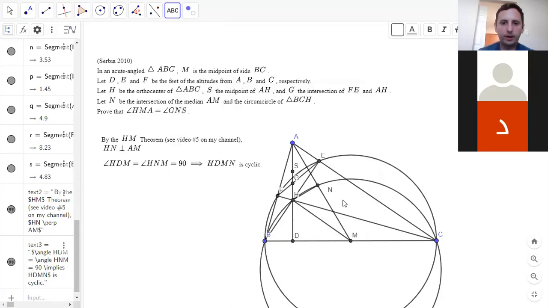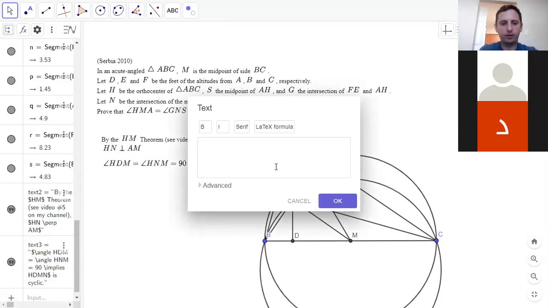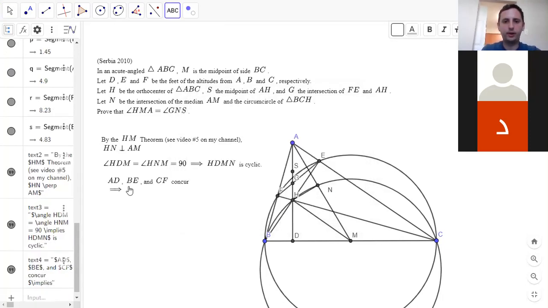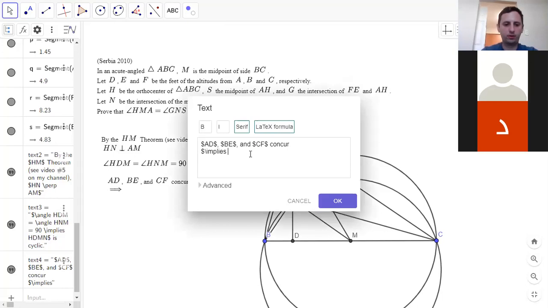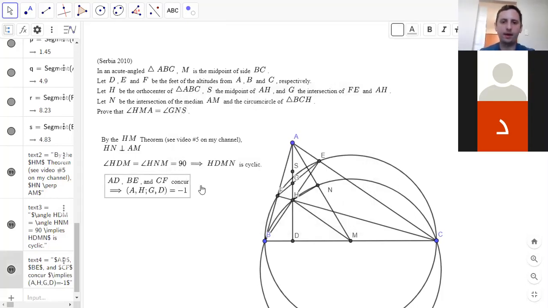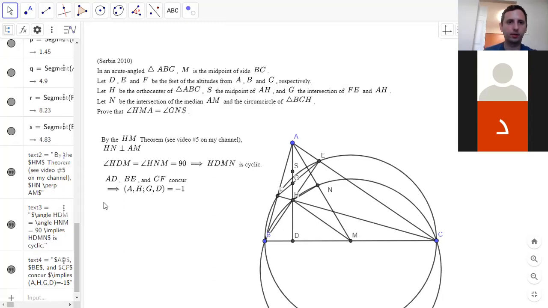And once we know that, we have AD, BE, and CF concur, which implies that A, H, G, D are in harmonic conjugation. And S is the midpoint of AH, which implies that SH squared is SG times SD.